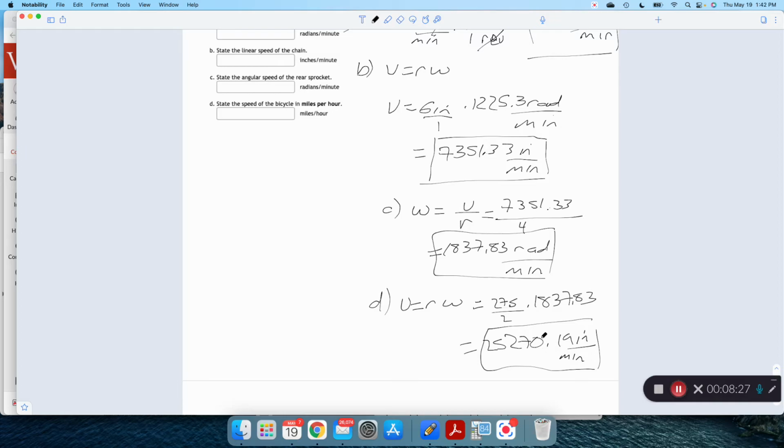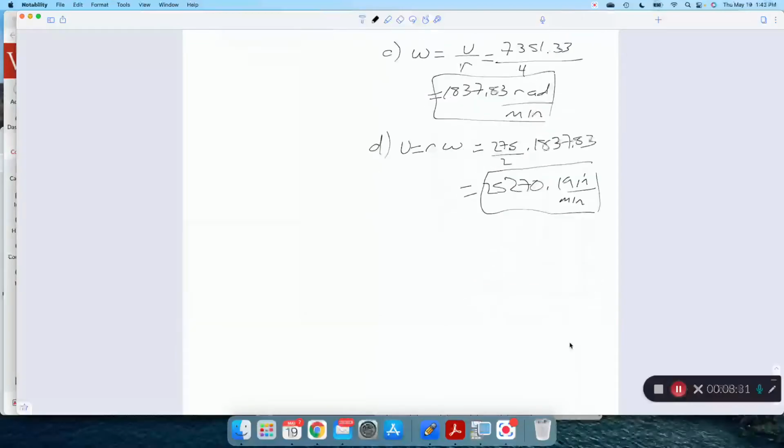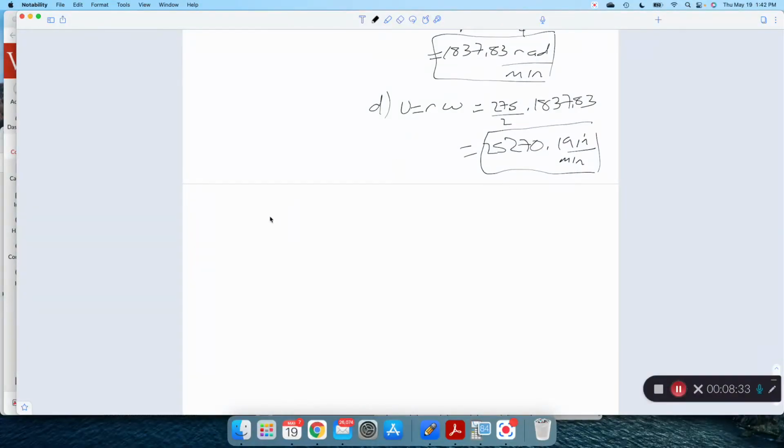I just got to do some more converting now just to change that over to miles per hour. Okay, so I'm going to write this down here. 25,270.19 inches per minute. I'm going to multiply by a bunch of different fractions to convert inches into miles and minutes into hours. Let's do the minutes first.